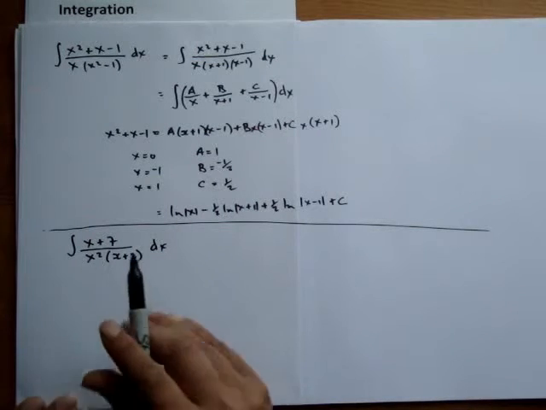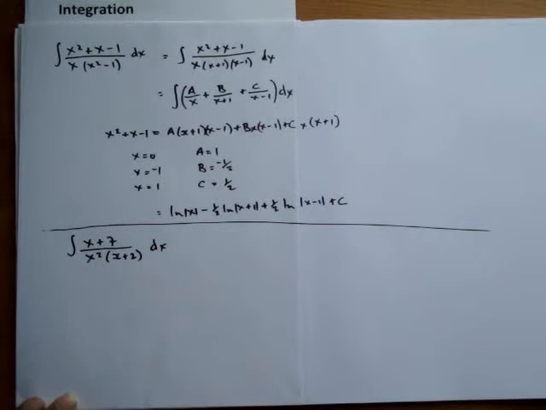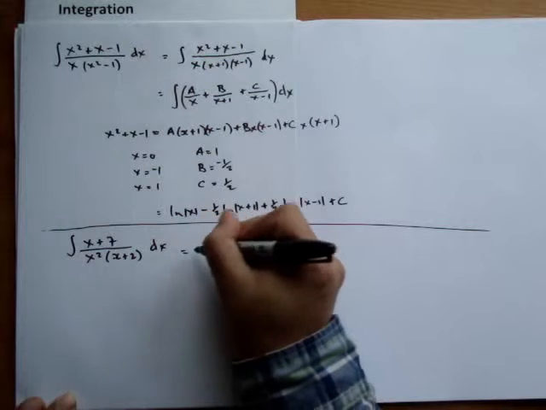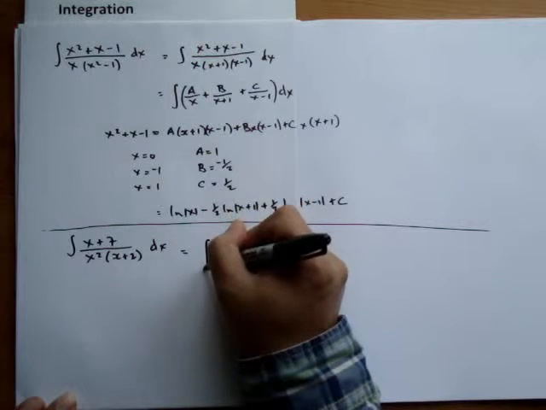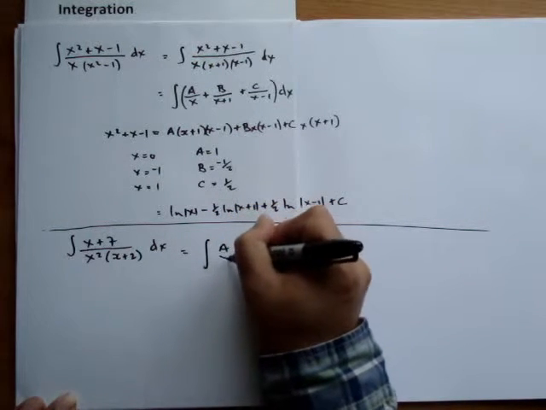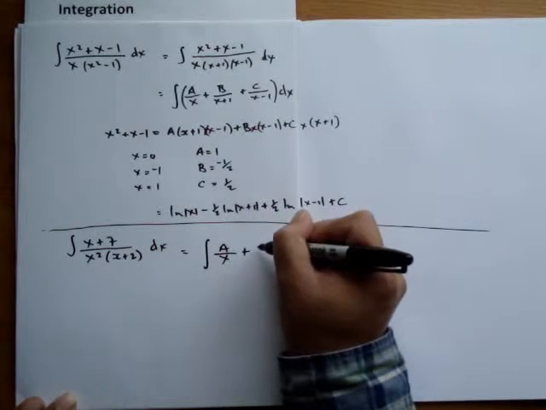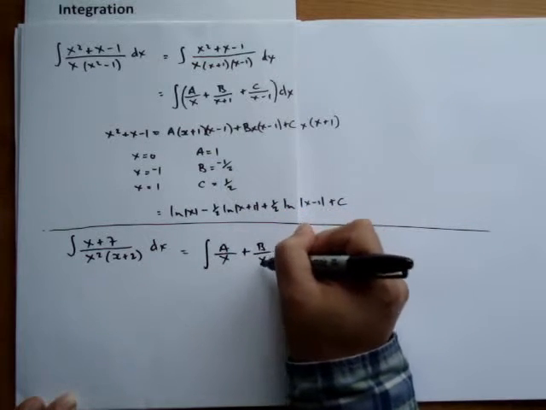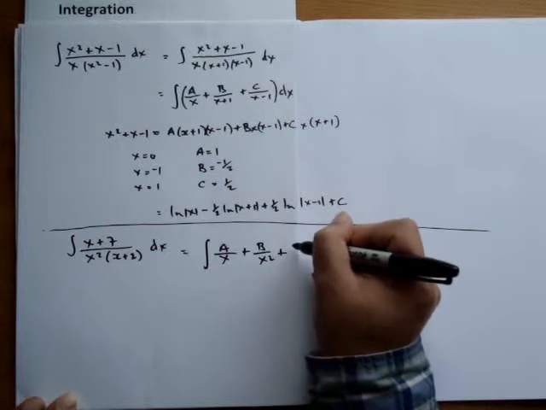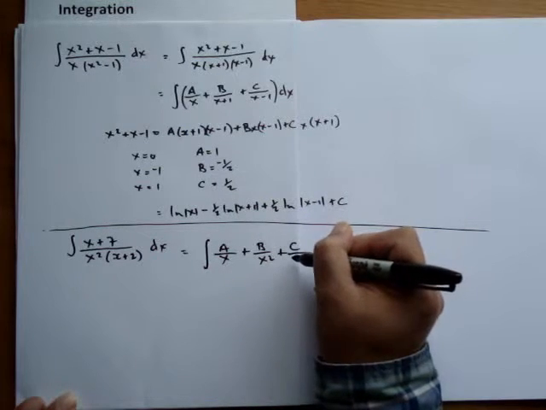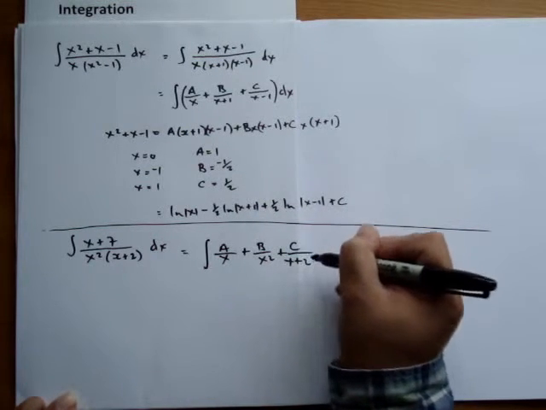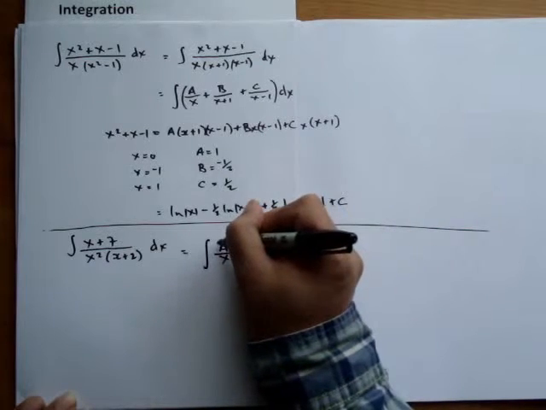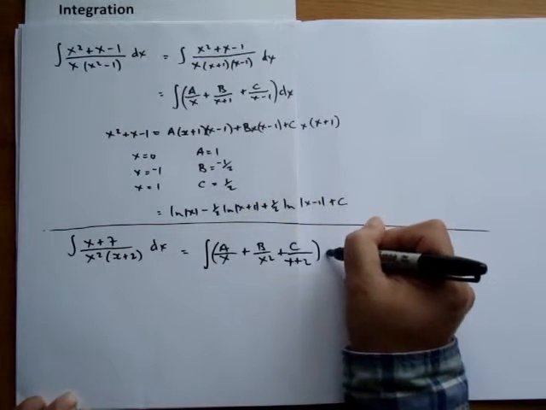So here we have a repeated linear factor as the x squared. So this becomes the integral of a over x plus b over x squared plus c over x plus 2, dx.